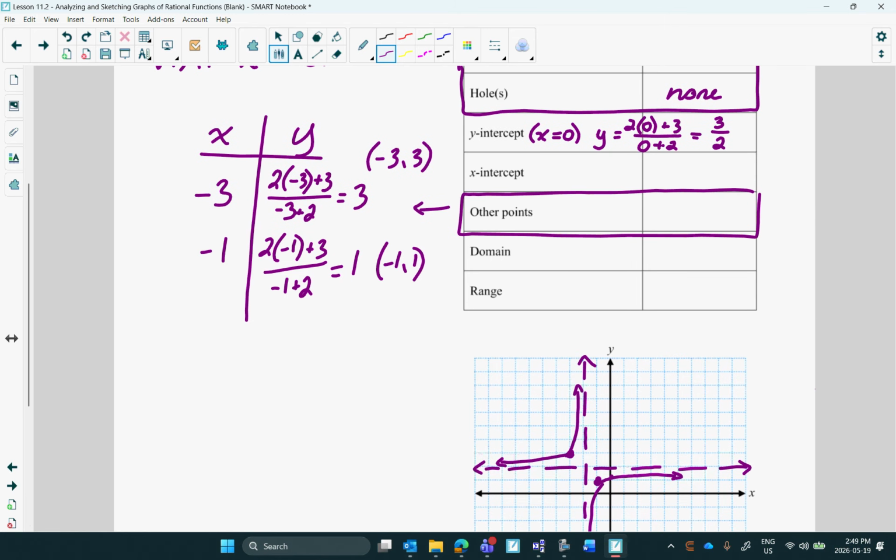For the x-intercept, you make y equals 0. So we're going to solve 0 equals 2x plus 3 over x plus 2. To solve for x, first of all, get rid of the fraction by multiplying both sides by x plus 2.